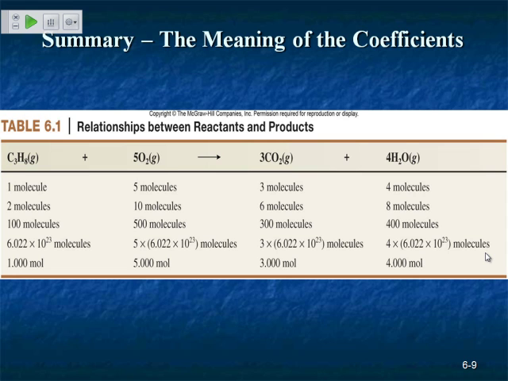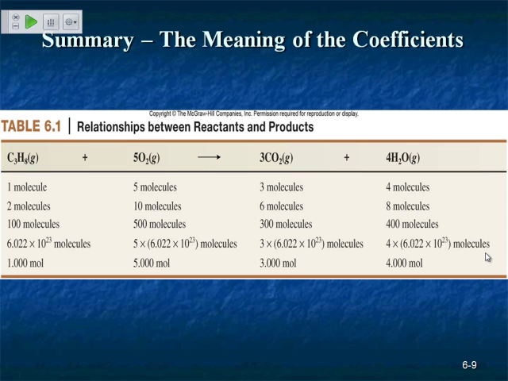If you are still not convinced, this table should convince you. So the balanced equation, and of course what we see here is 1 molecule of propane, 5 molecules of oxygen, 3 molecules of carbon dioxide and 4 molecules of water.